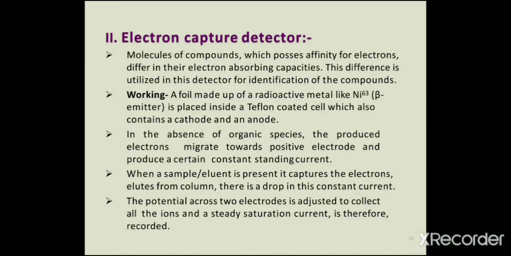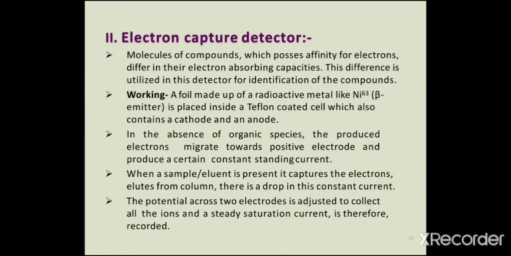So the molecules will have different electron absorbing capacity, and these differences in electron absorbing capacities of the molecules from the sample are used for the detection, or we can say for the identification of the compound.